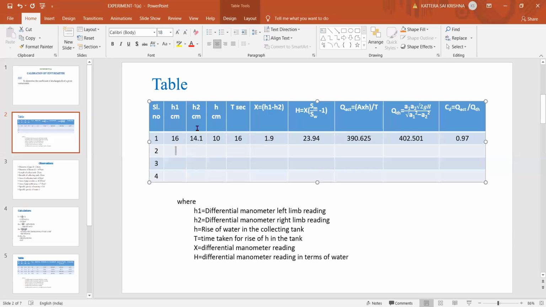Next, the H2 reading in the right limb we have to note down. And this 10 is constant. We are going to collect 10 centimeters of water in the collecting tank. For this 10 centimeter rise, the time taken we need to measure using the stopwatch. Okay. So these 4 readings we will take from the experiment, and all the remaining ones we will calculate using the formulas. Is it clear up to now, students?